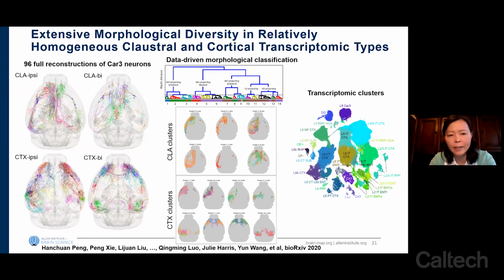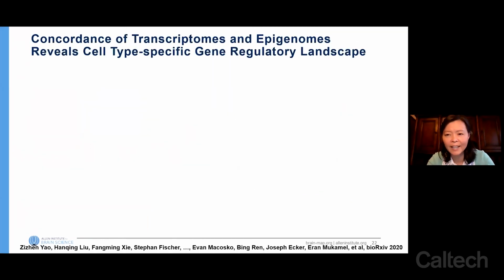Every cell is different and unique. And we found that the projection patterns follow this topographical rule from the anterior to posterior, rather than following the transcriptomic identities. So with that, I need to close my talk.